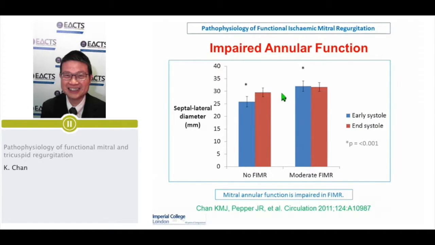This is important to appreciate because it underlines the importance of undersizing the annuloplasty ring, even if the mitral annulus does not appear very dilated when inspected surgically, because we are in effect fixing the mitral annulus in systole and correcting for this loss of contractile function of the mitral annulus.